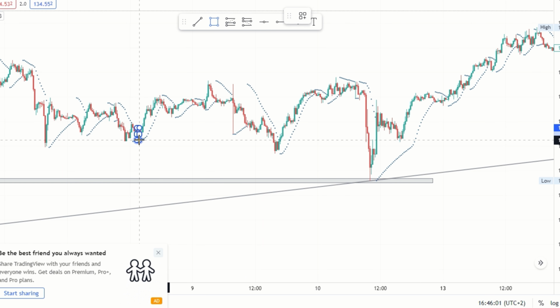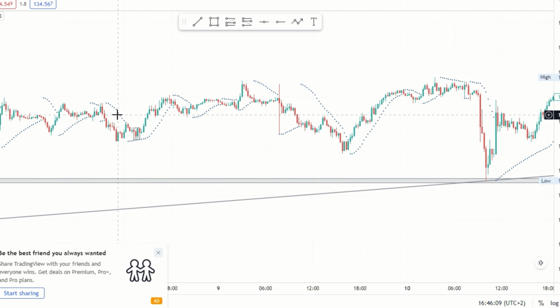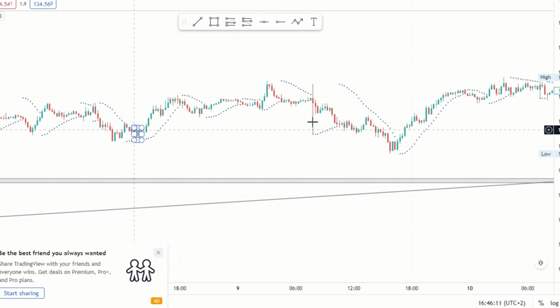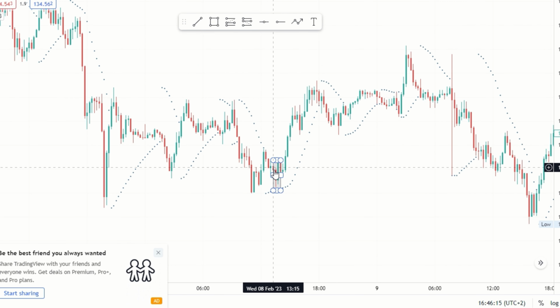So if I could zoom in some more so that you can see these two candlesticks properly, the red and the green, right? The fact that the green closed above the red, that's an engulfing. So that's a bullish engulfing, right?